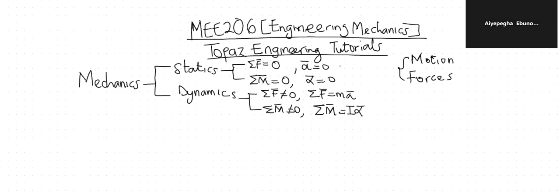In simple terms, the body may either be at rest or may be moving with a constant velocity. And you know that when velocity is constant, the acceleration is 0. So Newton's first law is what governs our statics, summation F equals 0 and summation M equals 0. That's moment. Linear acceleration is 0, angular acceleration is also 0.